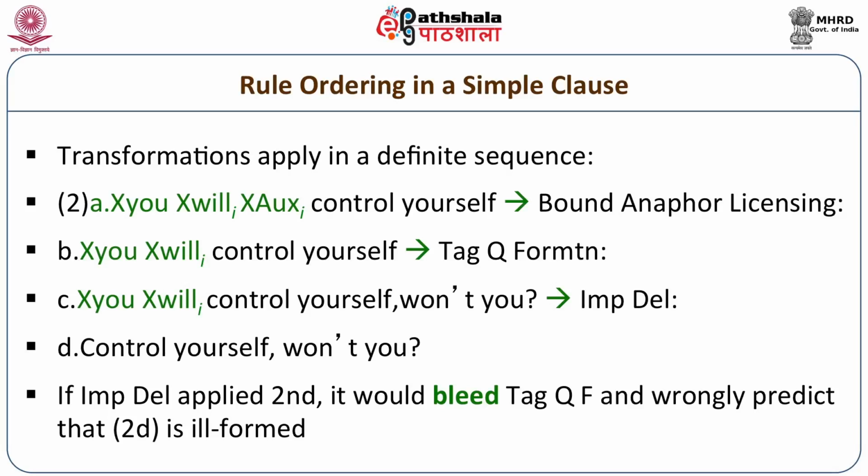If you did not apply them in that order, for example, if you try to do imperative deletion before tag question formation, it would be impossible to get the tag question, "won't you?" Because the X will and the X U would have disappeared through imperative deletion.